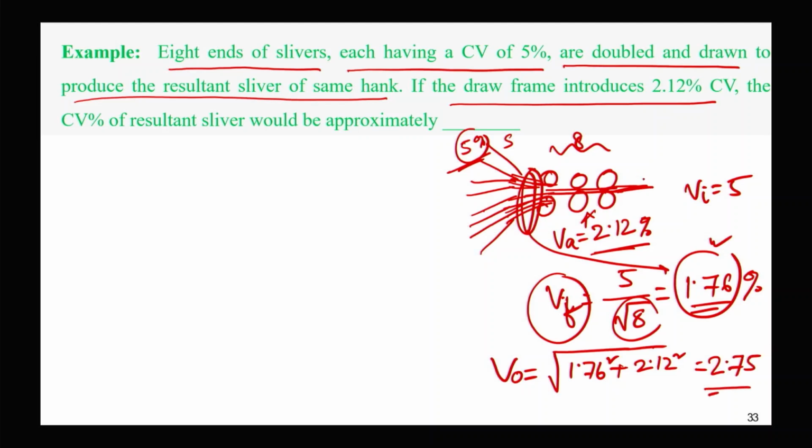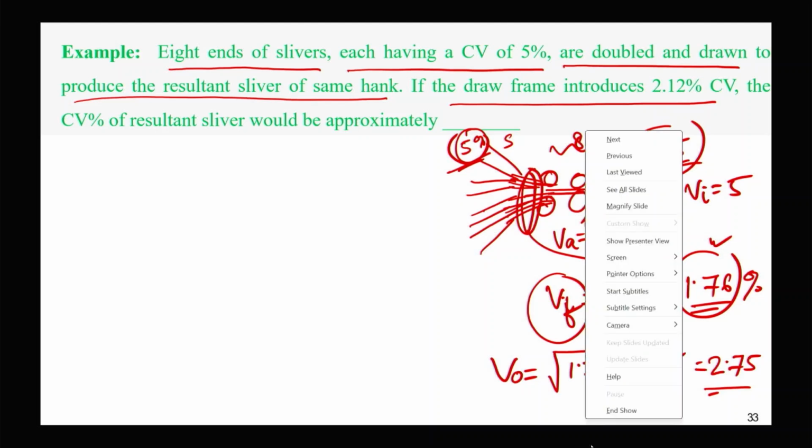So 2.75% is the CV% of the output sliver. One thing is interesting: 5% is the CV of the input sliver, and the output sliver we have got is improved. It has reduced to 2.75.